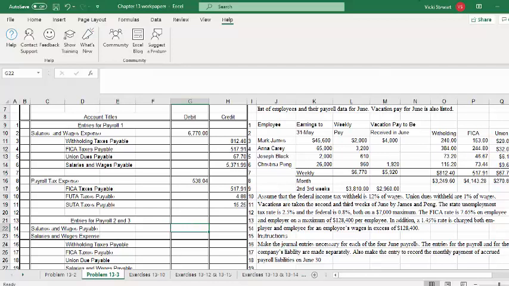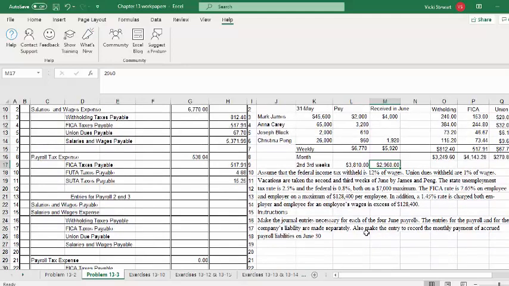So the vacation expense that's shown is actually for 2 weeks, because remember, Mark James earns $2,000 a week and Christina Ping earns $960. So this entry that we're going to make for the weeks for payroll 2 and 3, we're only going to make one entry. We would actually enter it twice, but it would be exactly the same. So we're just going to demonstrate it one time.